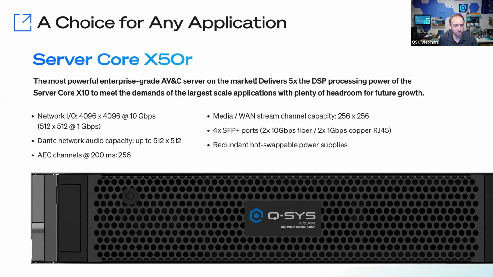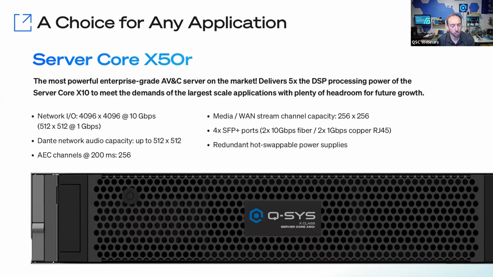And then finally, the X50R. So the X50R replaces the Core 5200. It also is a significant horsepower upgrade. So the 5200 was your catch-all for anything larger than what the X20 could handle.